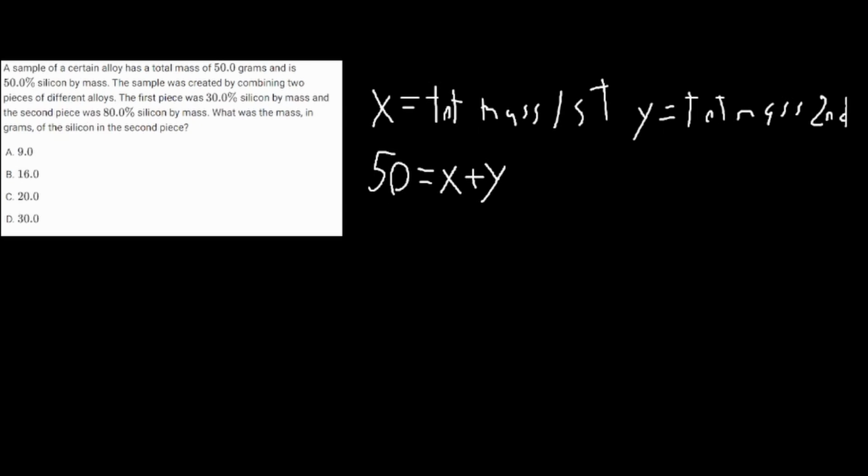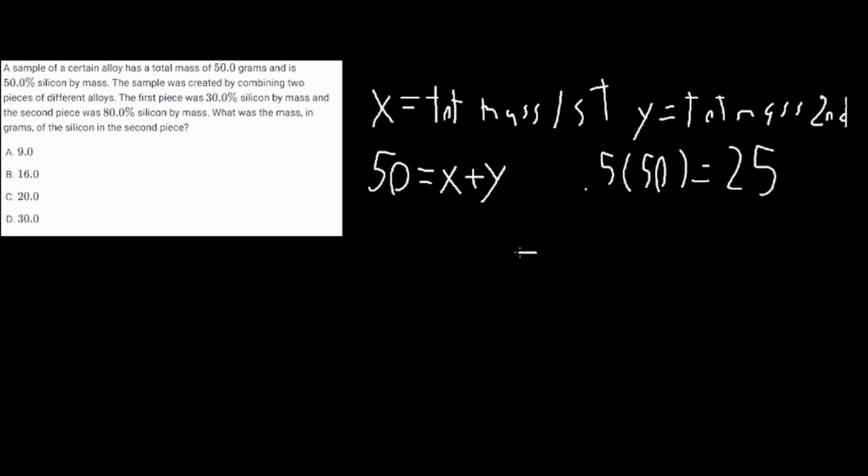Now, we also know that the product, which is 50 grams, is 50% silicon by mass. And 50% of 50, so 0.5 times 50, is 25. So there are 25 grams of silicon in the finished alloy.